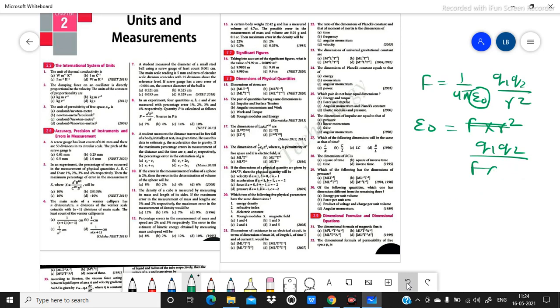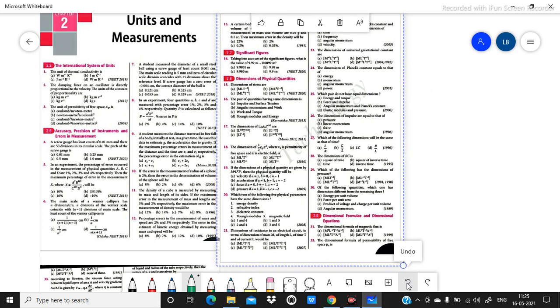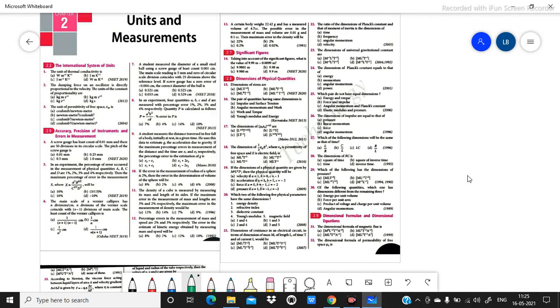The next question is: a screw gauge has a least count of 0.01 mm and there are 50 divisions in the circular scale. What is the pitch of the screw gauge? It's a direct formula based question. The formula is pitch equal to least count into number of circular scale divisions.